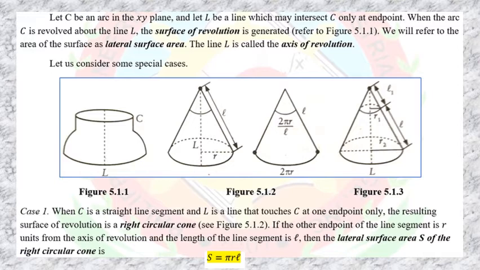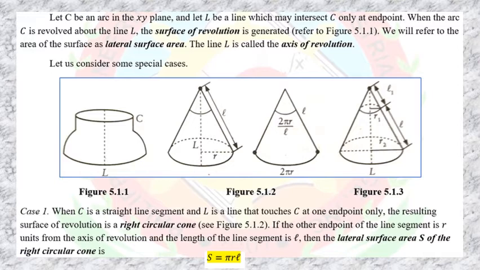Let's say for example, we have a bottle, and we put a stick inside. Then let's say we rotate the bottle around that stick, which means the bottle is an example of an arc C, and the stick is an example of the line L, the axis of revolution, where we rotated our arc C. So we will form a surface of revolution.